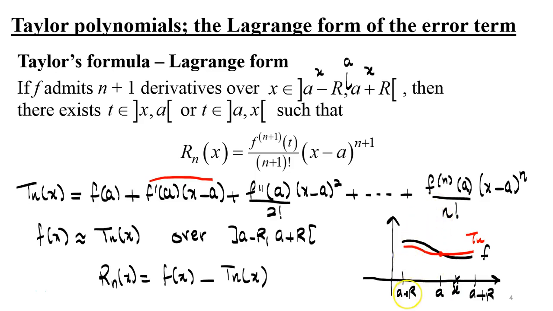Because as you know, sometimes r could be infinite, and the interval of convergence would be the set of all real numbers. So the reasoning we're about to take will not be valid over infinite intervals. This is why I need to be working over a finite interval.